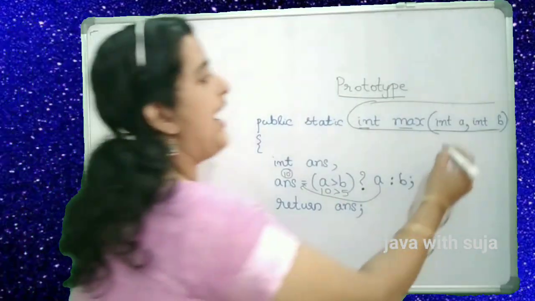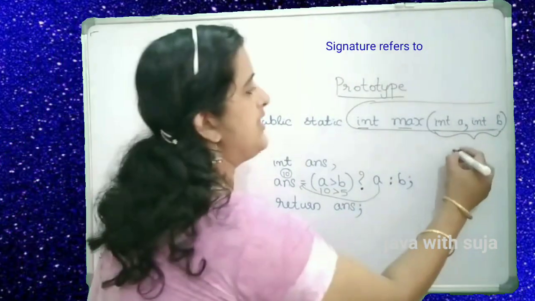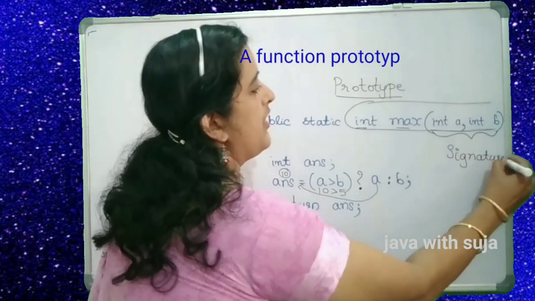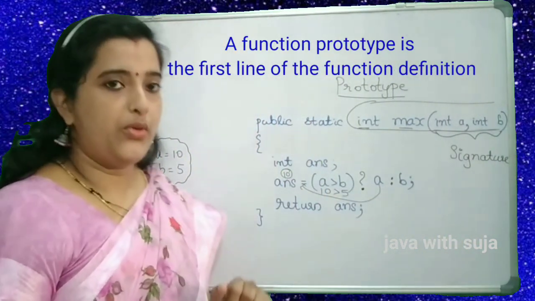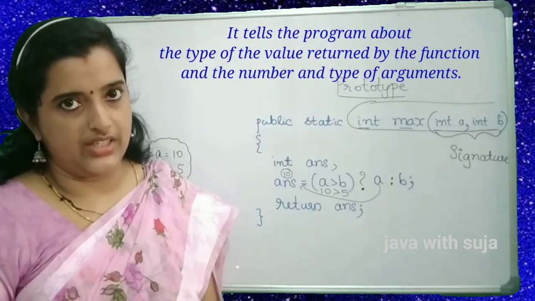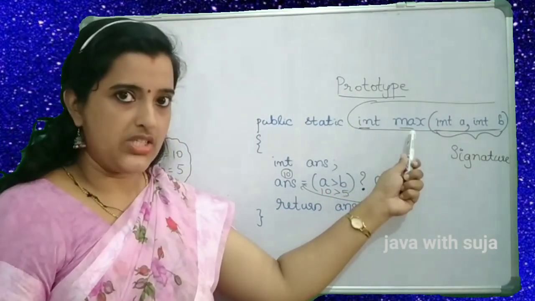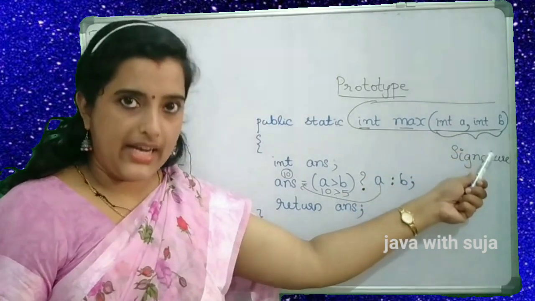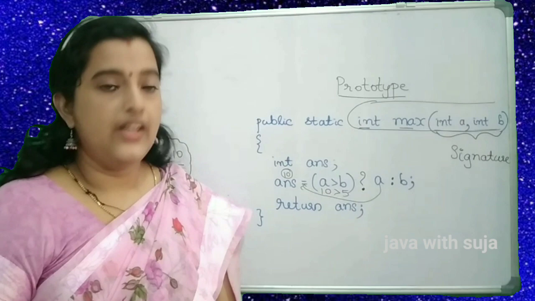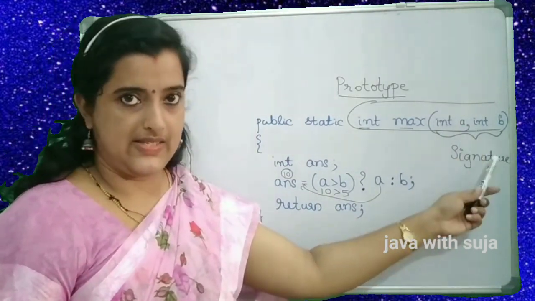And the argument list alone we can call the method signature. So what is a method prototype? The first line of a method definition, which contains a return type, method or function name and the parameter list, constitutes the method prototype, whereas method signature means the parameter list.